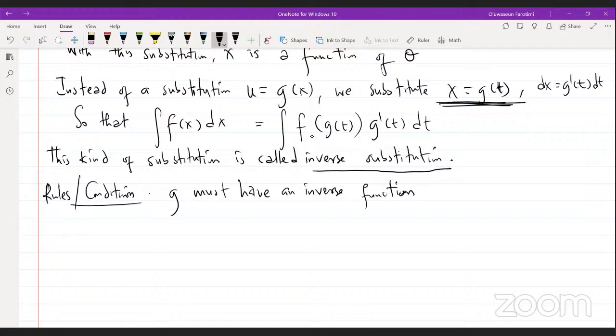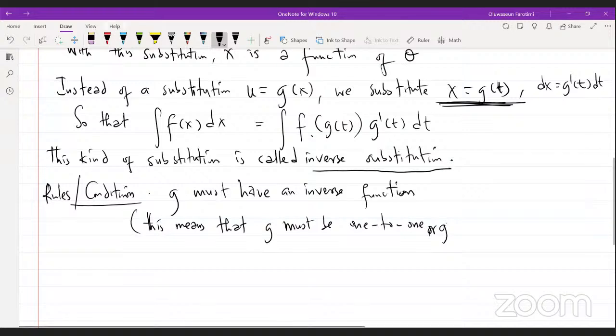So what does this mean actually? This means that g must be 1-to-1. Or in lighter terms, with regards to the classes you guys have taken in the past, g satisfies the horizontal line test.